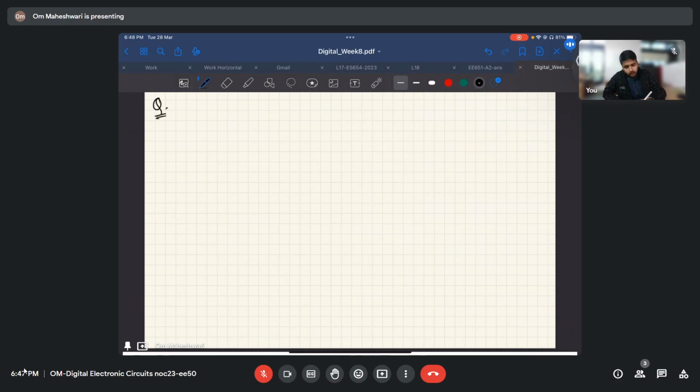Question: a 4-bit SAR with external feedback has polynomial x cubed plus x square plus 1.